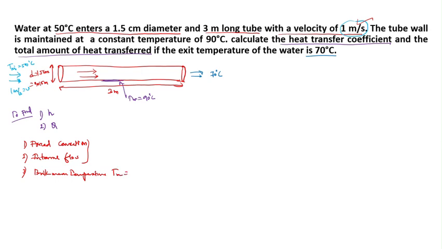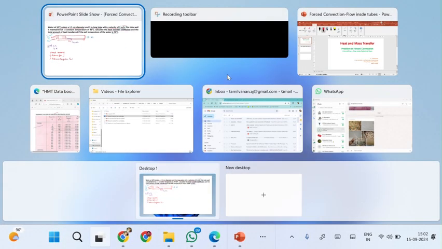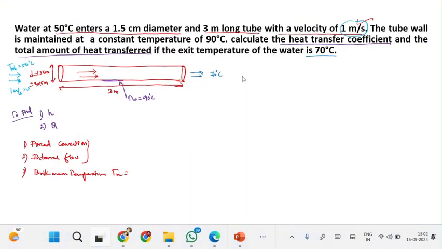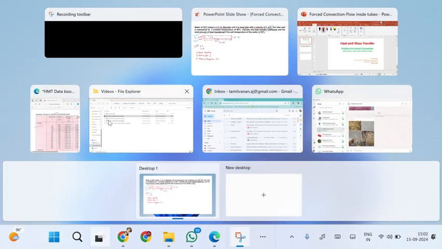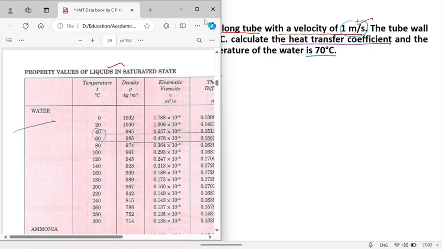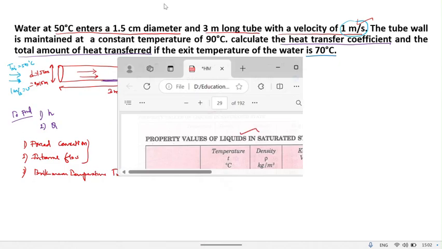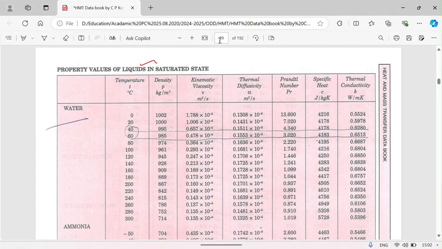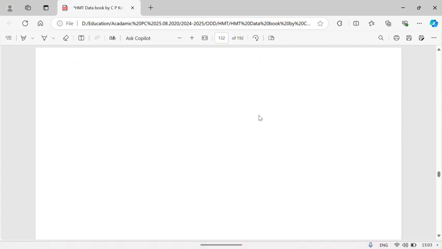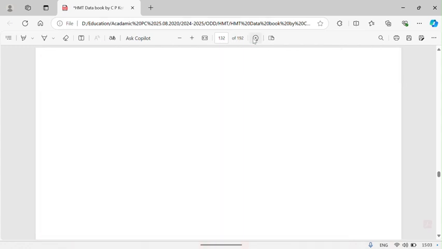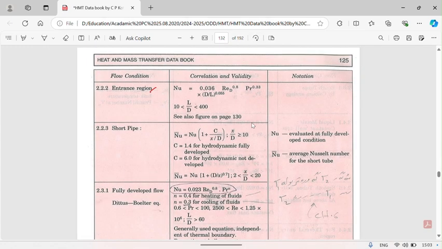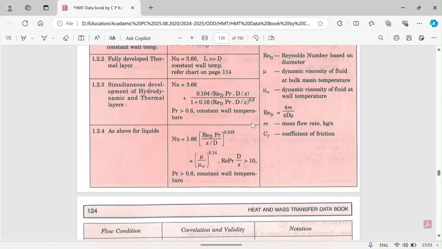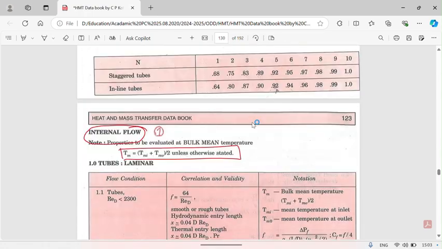This data is available in the HMT data book, around page number 130-something, under internal flow.